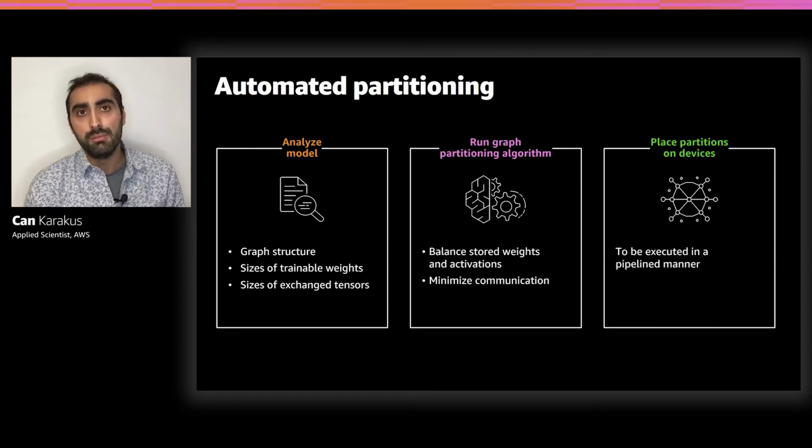So the way automated partitioning works is when you integrate your model with the model parallel library, during the first step, the model parallel library actually constructs your model, looks at its graph structure, looks at where the operations are and how they're connected, looks at where your trainable weights are, looks at the size of the exchange tensors and how long each operation takes to execute, and feeds all this data into an optimized graph partitioning algorithm.